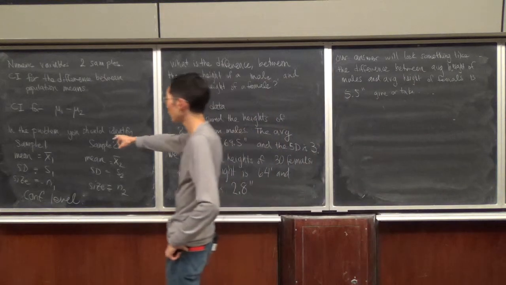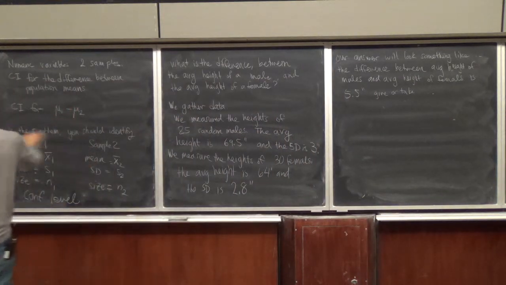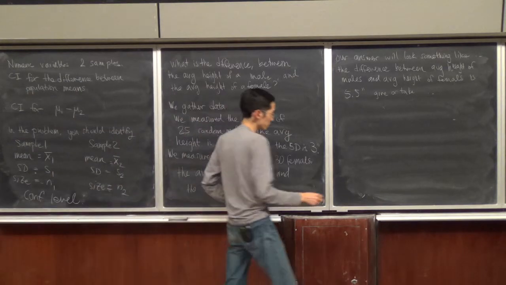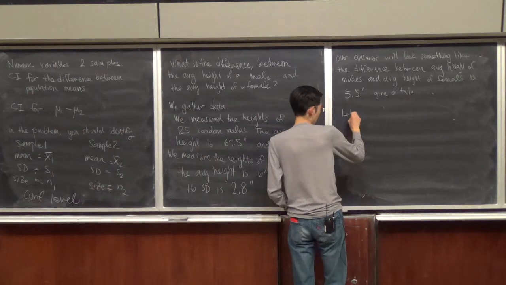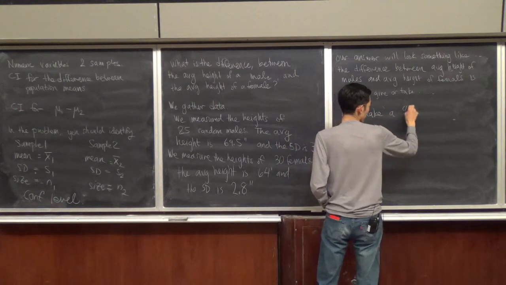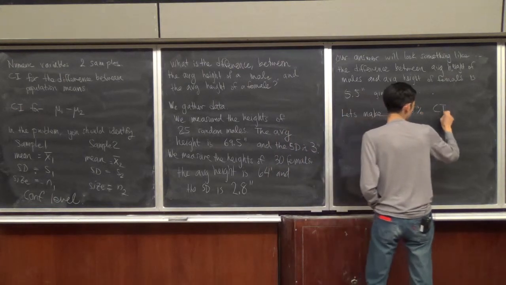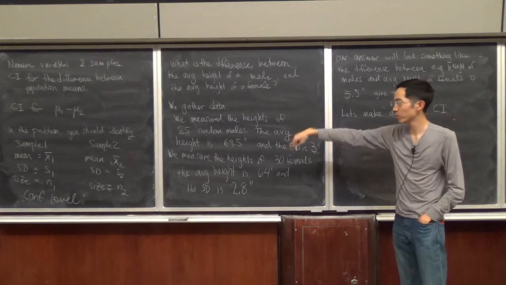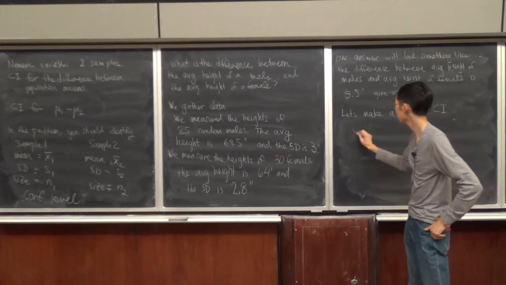I said in the problem you should identify all of these bits. So let's say we want to make a 95% confidence interval. Let's identify all 6 bits of information. What is x bar 1?